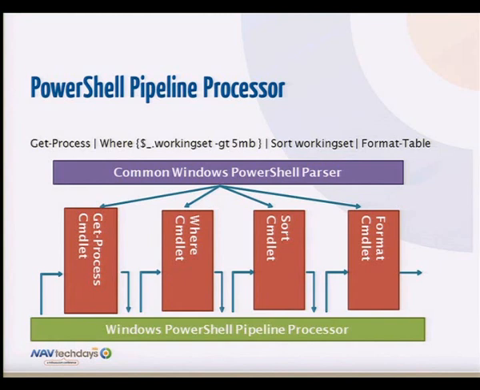You can do everything. And then when this returns, now it has sorted everything, and it's a SQL lookalike syntax, so it's very easy to read also. But now it's taking this limited set of processes and passing it to the next. As you can see here, it goes down to the pipeline processor and pipes to the next sort commandlet, which is sorting by working set, and then again to the next one. And as I said before and showed, it's really squeezing all the arguments.